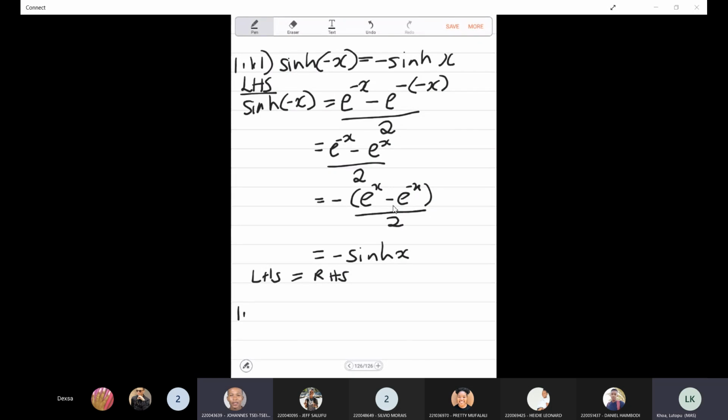No, it should not. Try multiplying out the brackets and see if you end up with what you started with. I see, ma'am. You swap the two e's. Is that right, ma'am? Did you swap e to the power of negative x with e to the power of positive x when you factor it out?